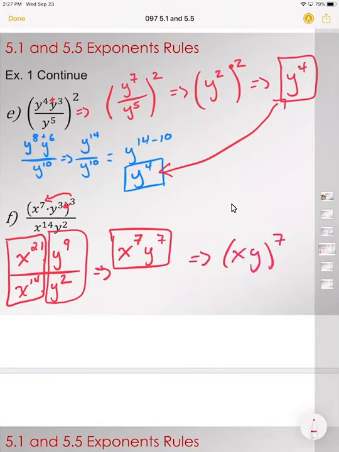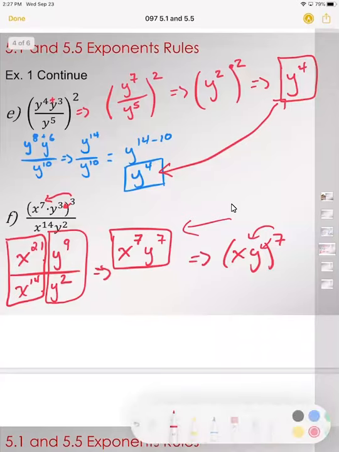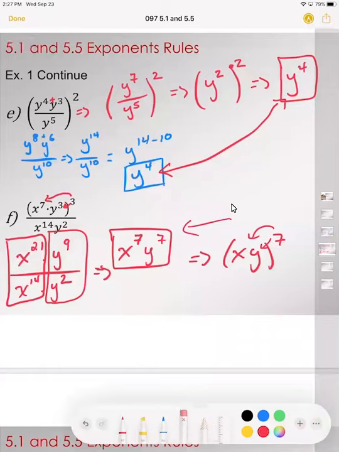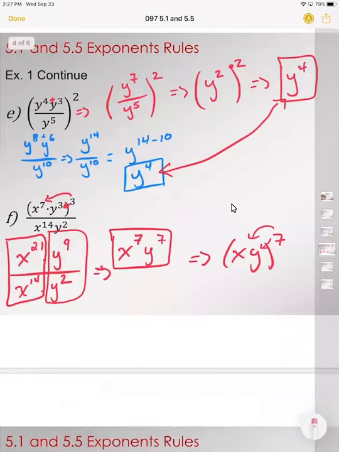Just to show you that, do you agree that we can distribute the 7 in, and if we distribute the 7 in, that will give us that? So basically, you don't need to do this, but later on when we get to chapter 6, you will see that we can do this item. We can factor them out. But for now, don't worry about it.